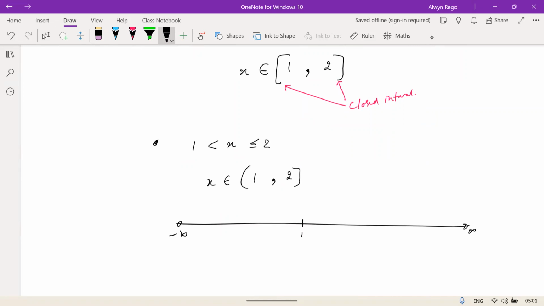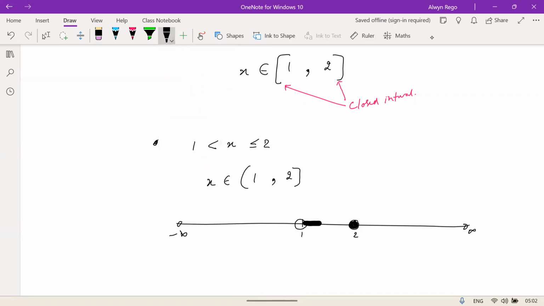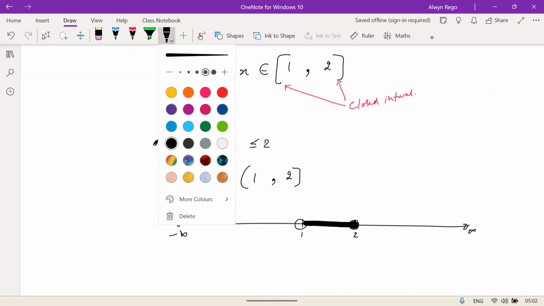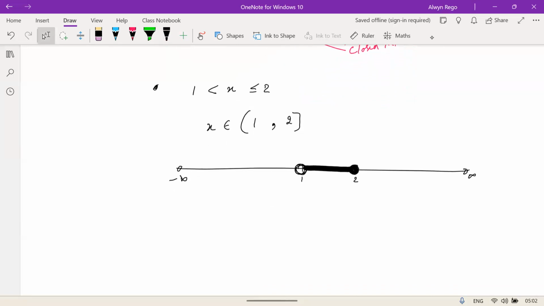This is, let's say, 1, and this is 2 here. So you have a 1 and you have a 2. We darken the 2 here. You circle the 1, and then you shade the region between 1 and 2 here. And this is just left open. This is open, hole, and that's 2. 2 is filled, the hole is filled here. This is called, you can call it, semi-open or semi-closed.